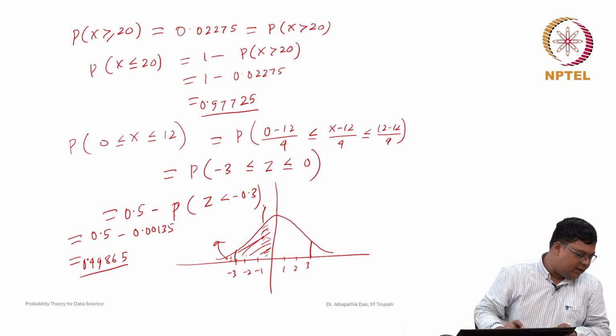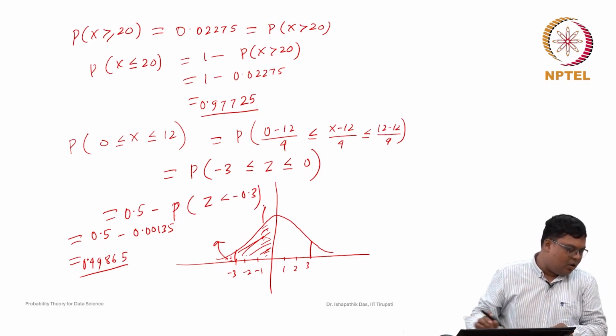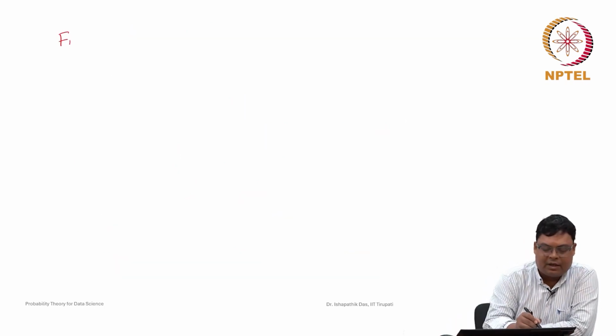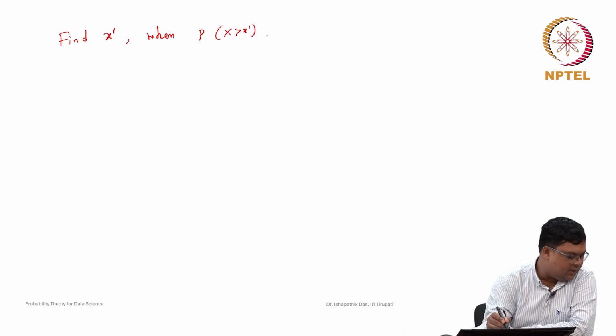Some other problems are also asked. The second one, B: find x dash such that probability x greater than x dash is equal to 0.24. This probability is given, and you have to find this value.